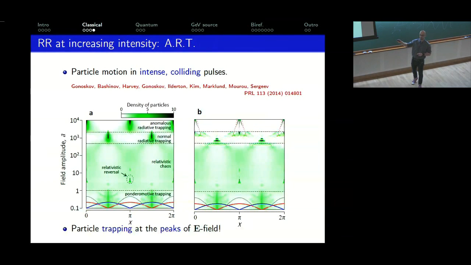Up here, in the classical prediction, you see the same trapping phenomena. It's just that they're much more well-defined here. So the particles are trapped in very, very tight areas, and all that happens when you go to the quantum case is that these results are smeared out. So this is an example where the effect that you're interested in, this anomalous radiative trapping, actually survives the classical to quantum transition. If it hadn't, I wouldn't have shown it.